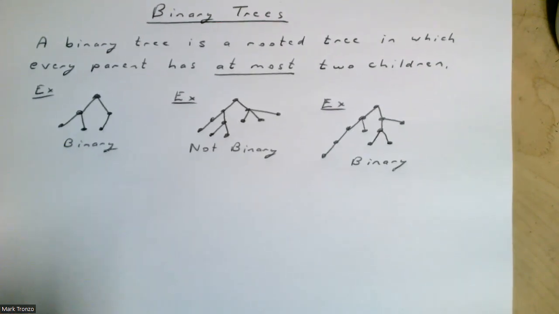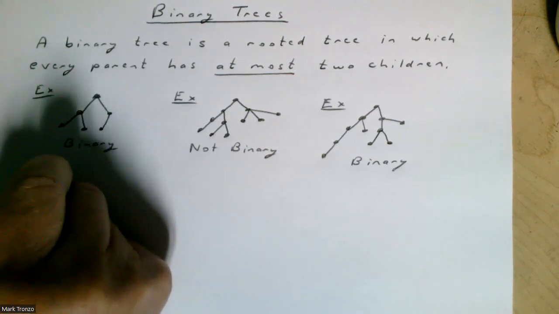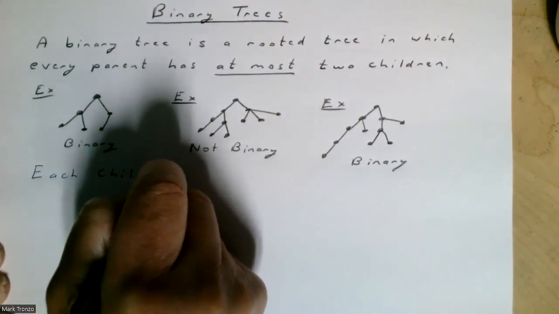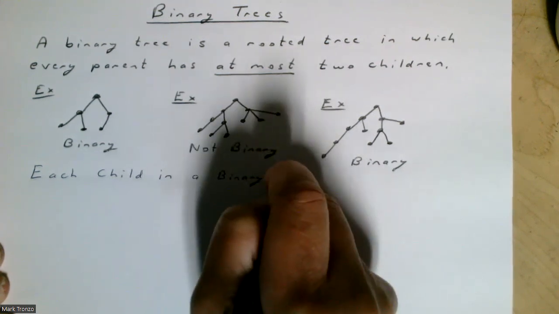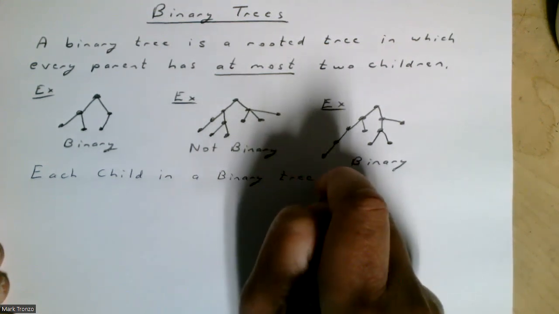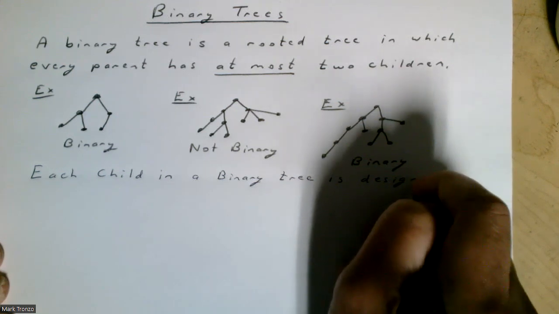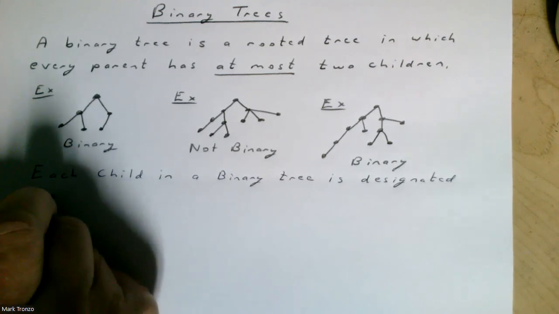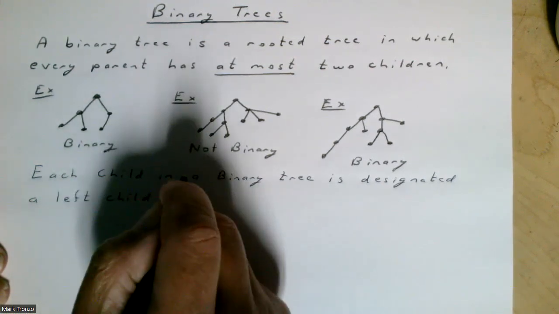And actually, again, I'm not sure if we're going to use this a whole lot, but each child in a binary tree is designated a left child or a right child.